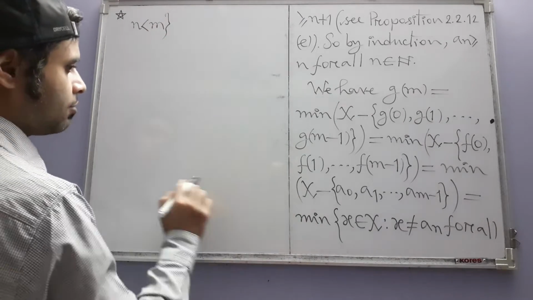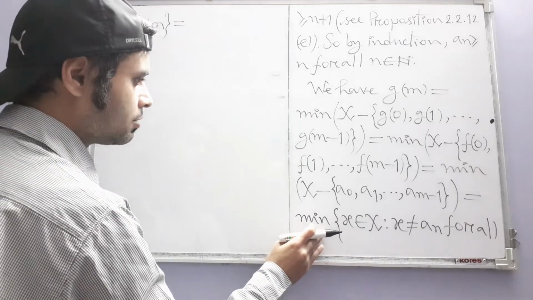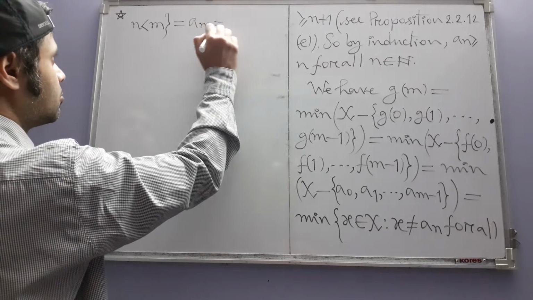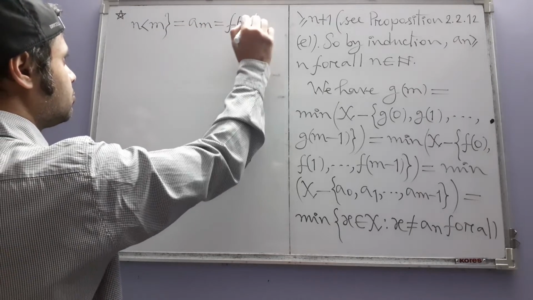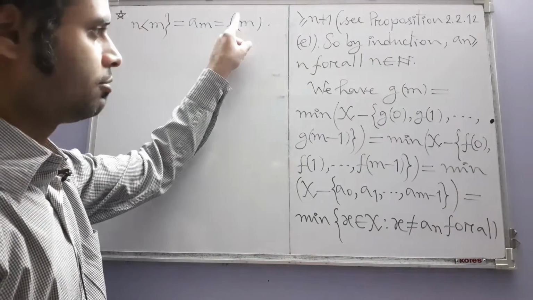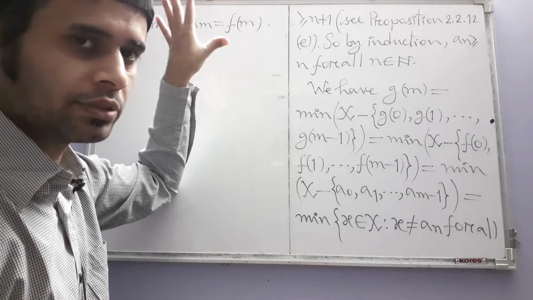and this itself is by definition nothing but what? We have m here, so am, which is f of m, and proving that g of m is equal to f of m, which is a contradiction to what we were having there.